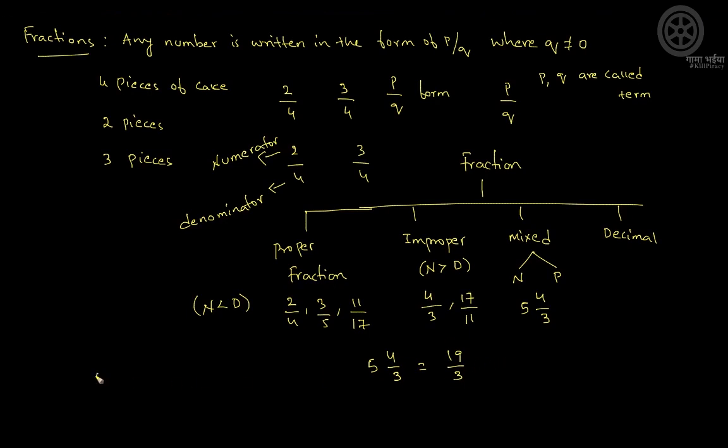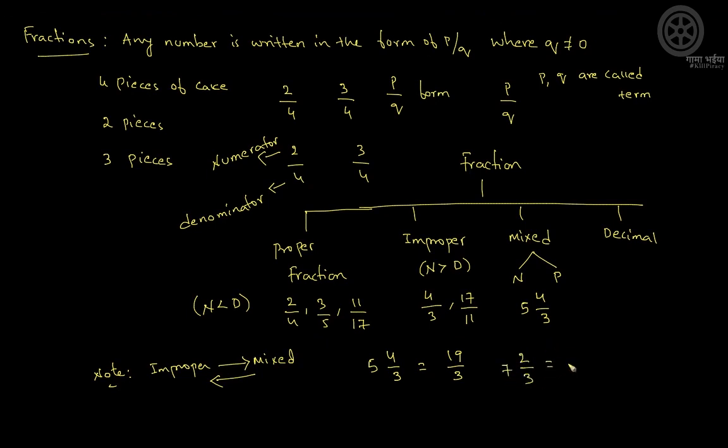You need to note that you can change a fraction from improper to mixed, and in the same way from mixed to improper. Let me take another example, 7 2 by 3.